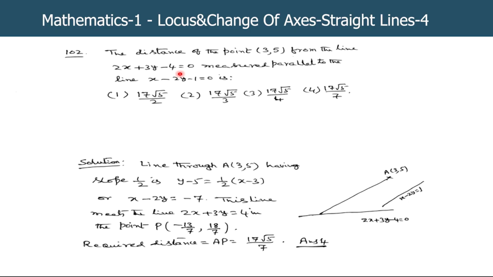The distance of the point 3, 5 from the line 2x plus 3y minus 4 equal to 0 measured parallel to the line x minus 2y minus 1 equal to 0 is so and so.